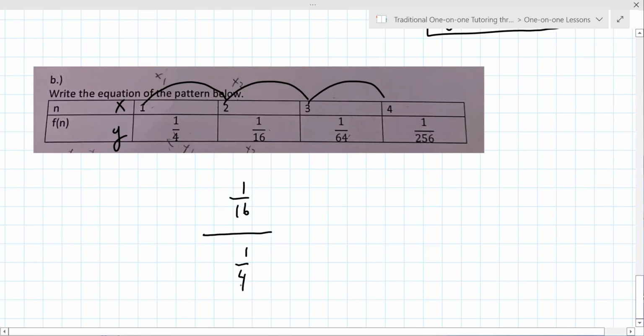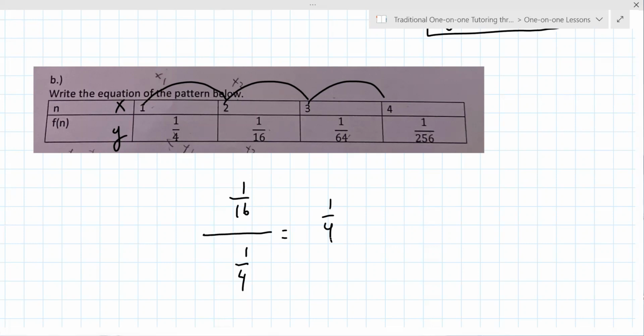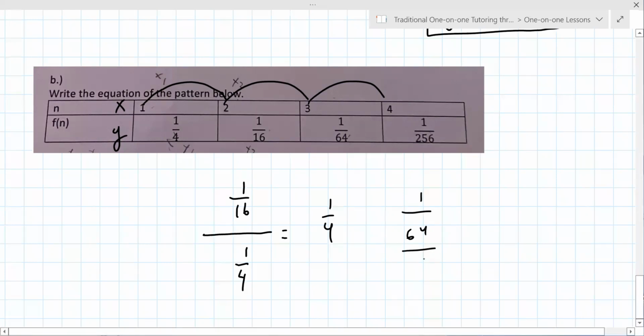Sometimes that helps. It becomes 1/4. And if you do 1/64 over 1/16, this is also 1/4. In terms of how I get that, you multiply the top and bottom by the reciprocal, and you reduce.